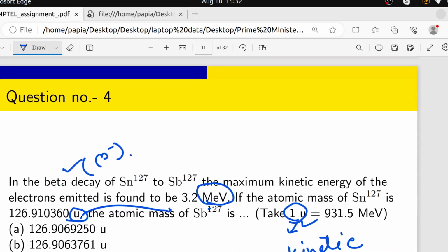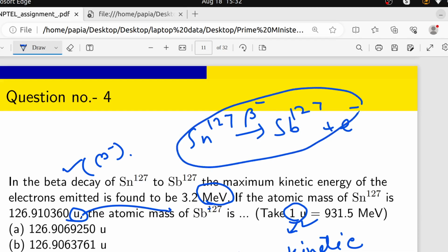In that expression, Sn127 goes to Sb127 plus electron. This is nothing but a beta decay. Beta decay means the Sn can convert to Sb and there will be one electron produced. So this is the expression for beta minus decay.